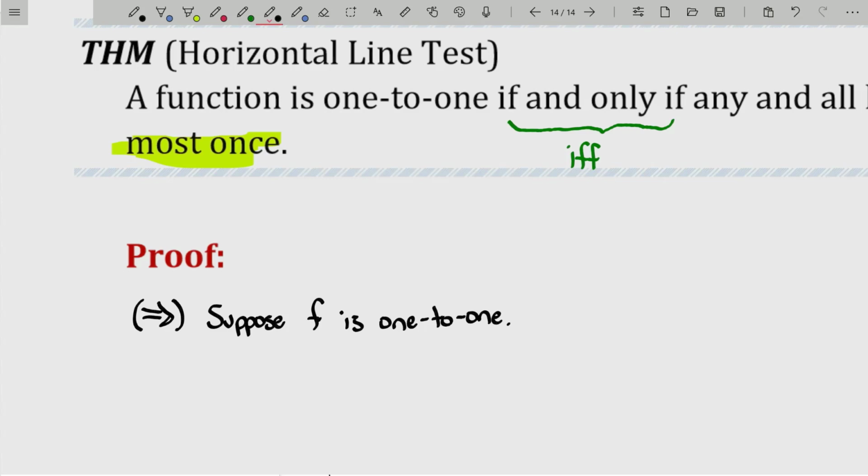Now, when you do a proof, you should always reach back into your bag of definitions and theorems. f being 1 to 1 implies something by definition. So I'll say, then, by the definition of being 1 to 1, f of x equals y is true if and only if f inverse of y is equal to x.